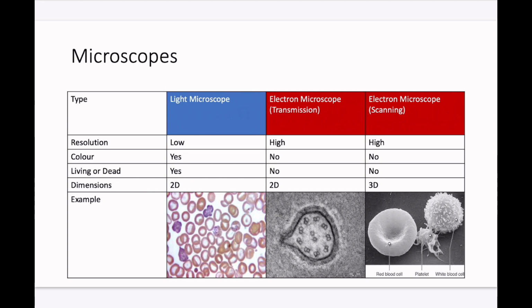Light microscopes and transmission electron microscopes can see 2D images, as you can see down here, 1 and 2. And electron microscopes, the scanning electron microscopes, can see 3D structures.